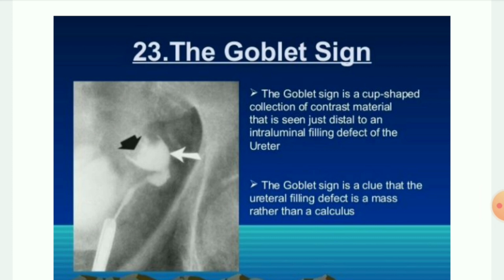The slow expansion of a polypoid intraluminal tumorous mass from a uroepithelial carcinoma causes dilatation of the ureter distal as well as proximal to the mass, thus causing the cup-shaped collection of contrast material. On the other hand, the ureteral lumen just distal to a mechanical obstruction caused by a calculus will have a narrowed appearance due to wall spasm, edema, or both.